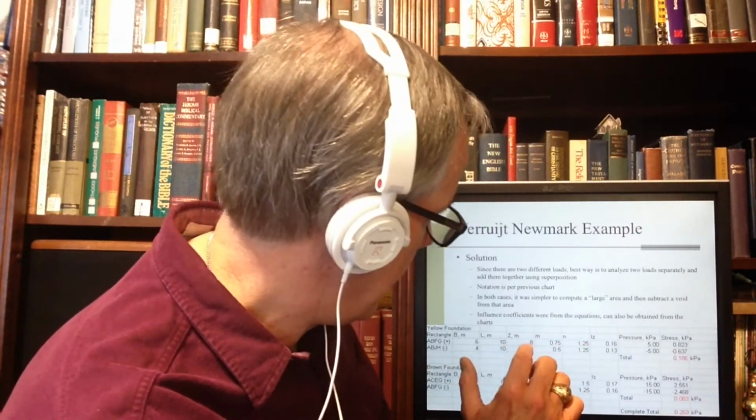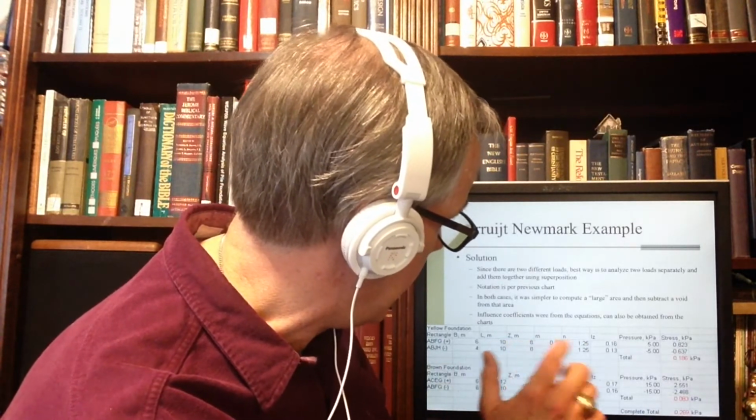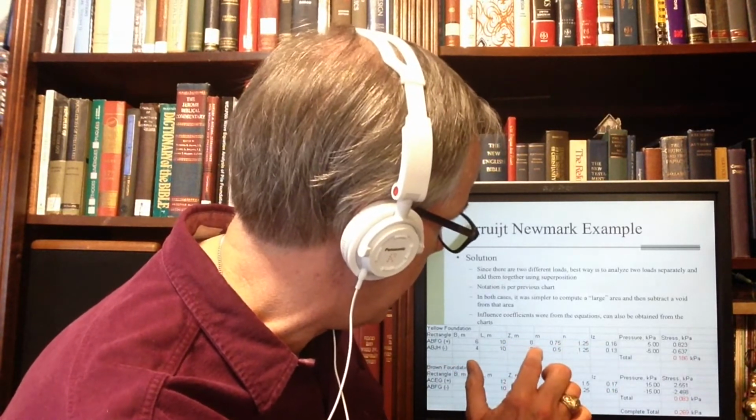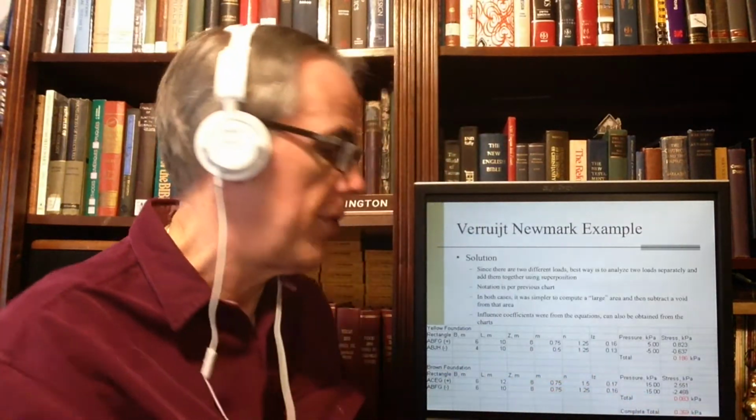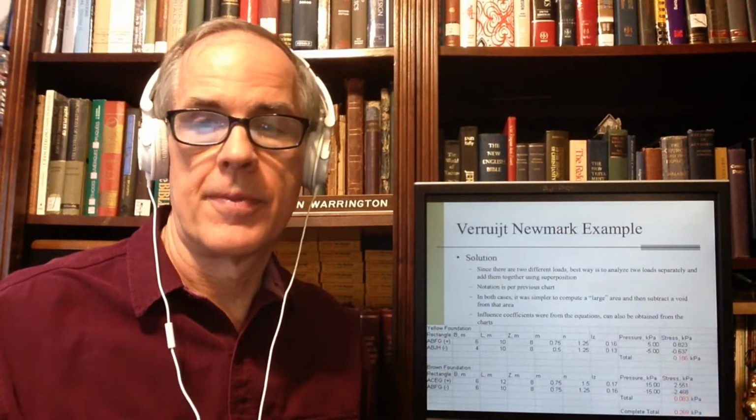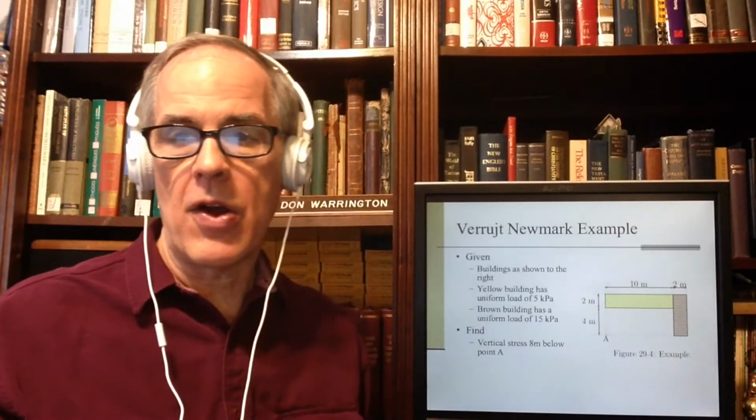N is equal to L over Z, and L over Z is N for each of them, and so forth. So that's how I construct it. And what I'm doing is this, quantitatively. All right, let's take the yellow building load.